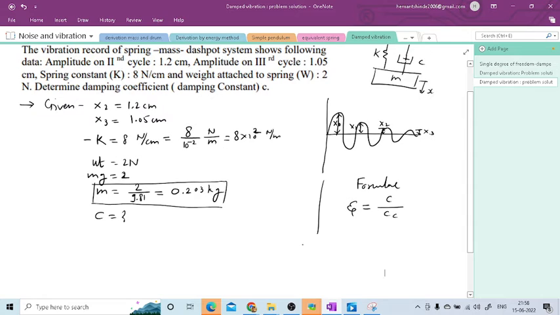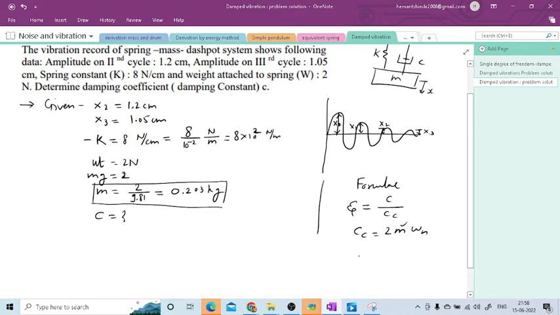Now, what is the formula for Cc? Cc is nothing but 2m omega n. In the problem, they have given the value of weight. From that, we have determined the mass. So we know the mass, and the omega n we can determine by using the formula.